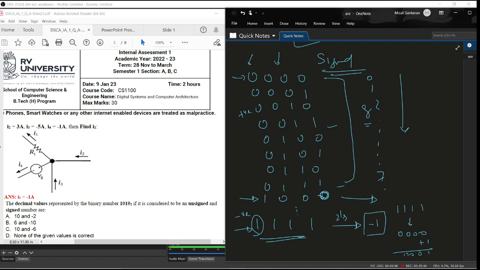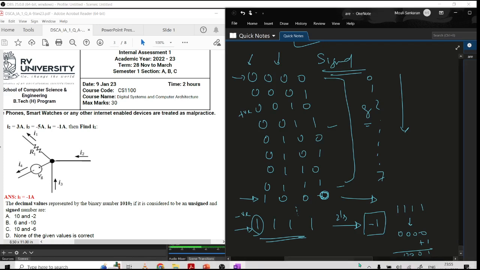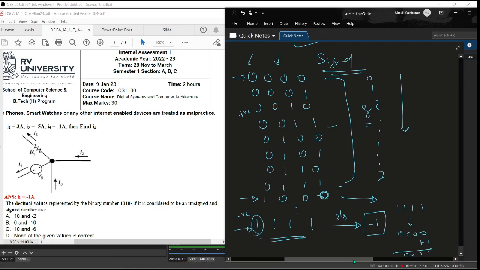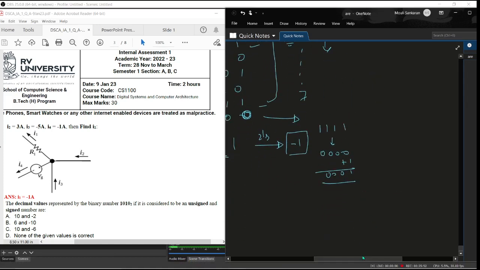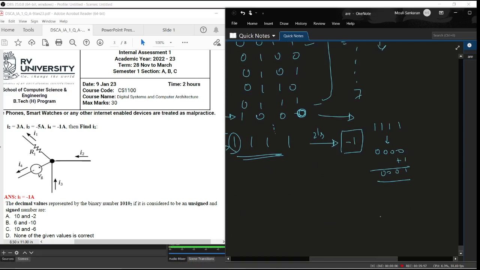So let us do that. This 100 pattern is a negative number, I know, but I don't know what the value is. So what should I do? I need to find the 2's complement of this number. Whatever value I get, that's the magnitude.